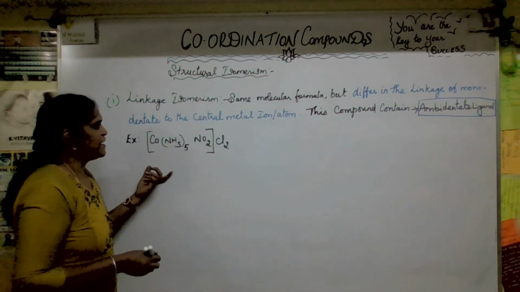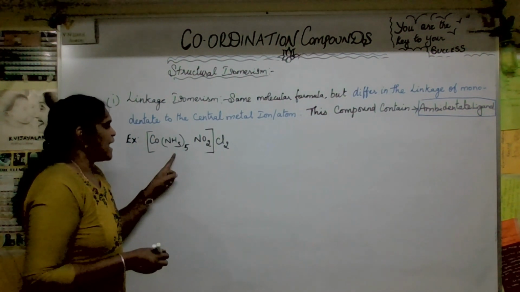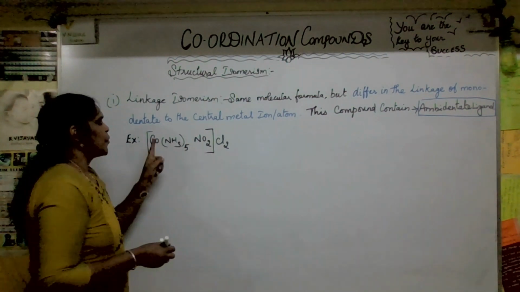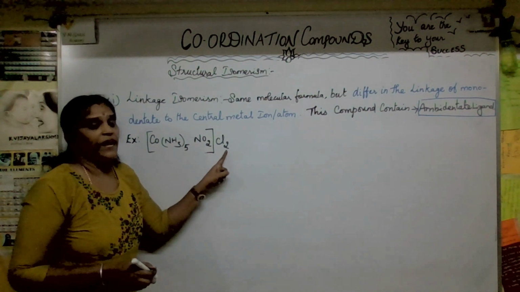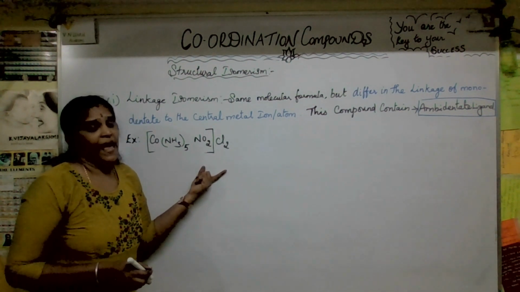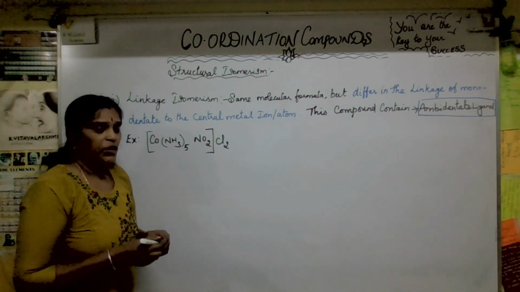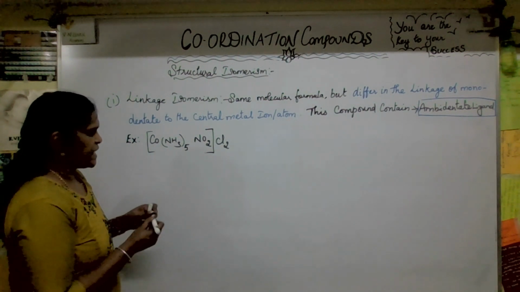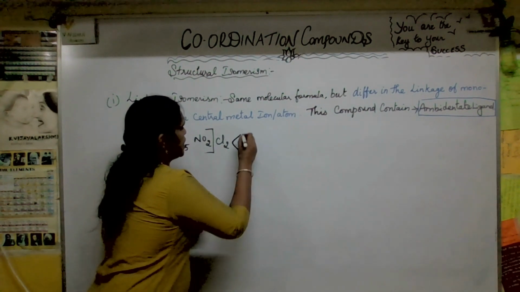Now they have given the example pentaamminenitritocobalt(III) chloride. In this, ONO may act or NO2 may act. Let us see the two different formulas.